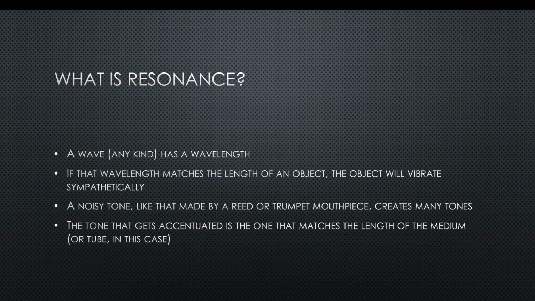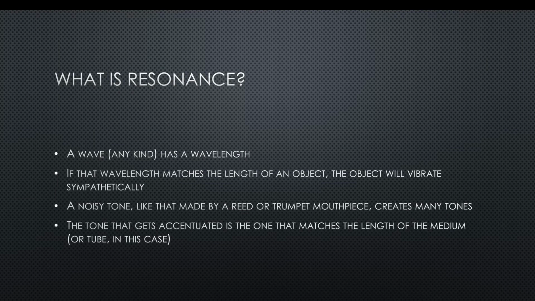It has the same wavelength as that tube that you've opened up. And so then that frequency gets accentuated and the others get dampened. So what you hear, like a wah, comes from that same noisy tone that you're giving it into the mouthpiece.